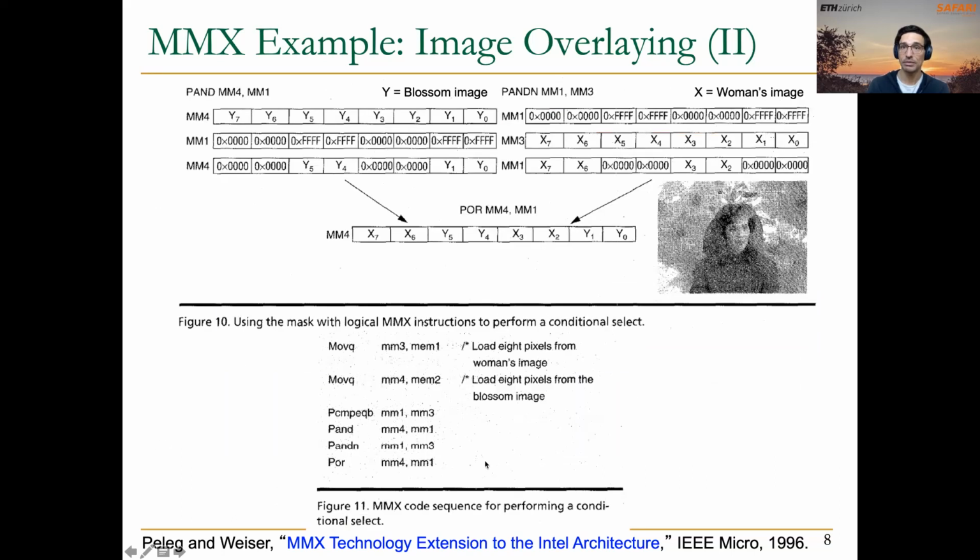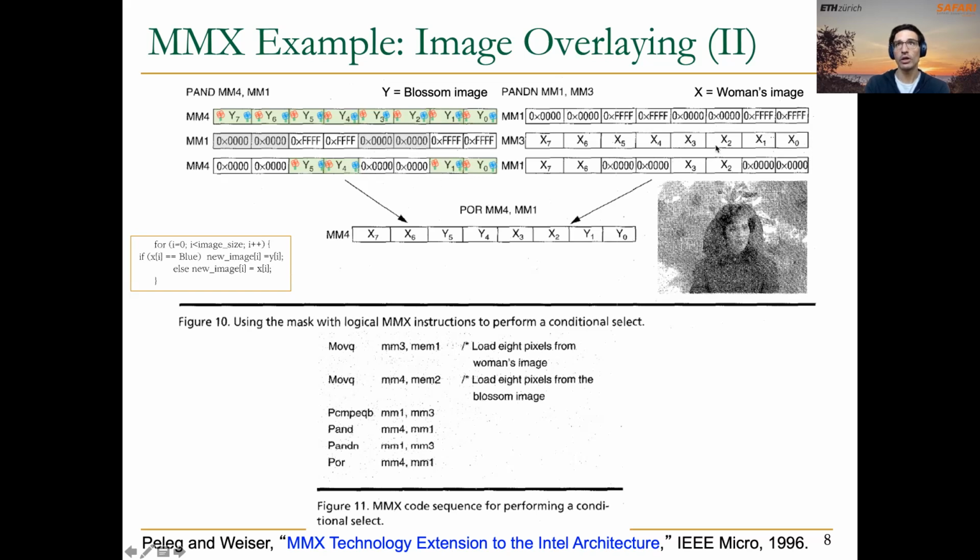We are going to apply these bit masks to both the blossom image and the woman's image. So here on the left, we have the blossom image. All the pixels from the blossom image are here in MM4, and we AND this blossom image with the bit mask that we calculated before in order to obtain this output MM4 that has pixels from the blossom image and also pixels equal to 0.